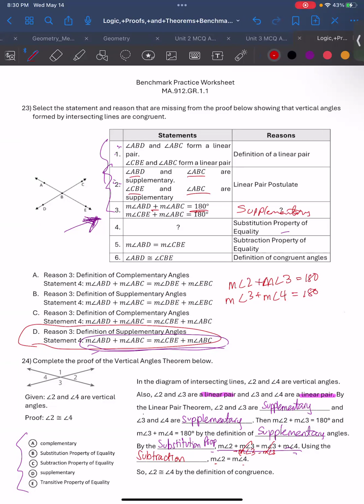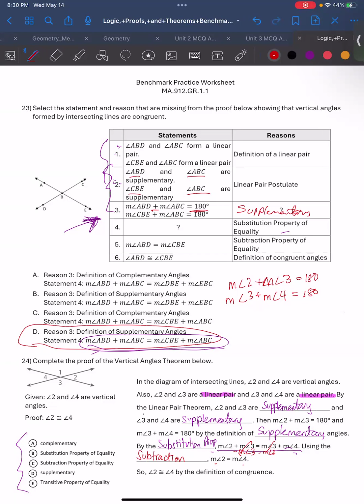So the transitive property would have said, because these two equal 180, right? And then 2 plus 3 has to equal 180, and 3 plus 4 has to equal 180. Then 2 plus 4 equals 180. Or rather, 2 equals 4.